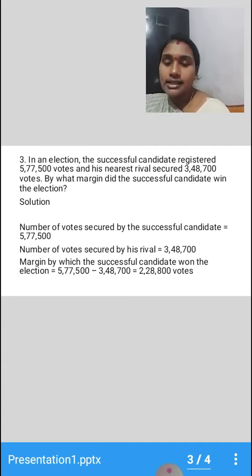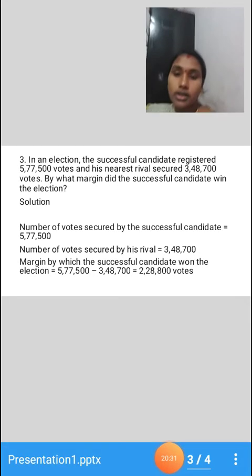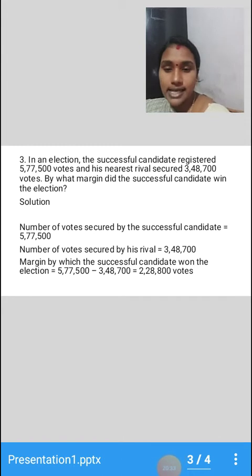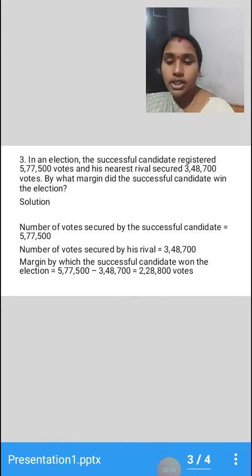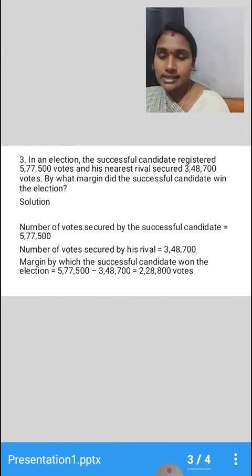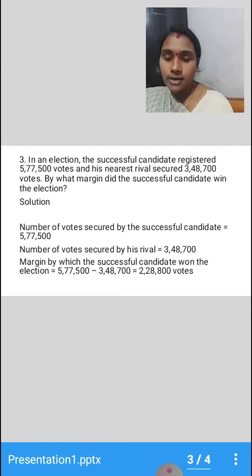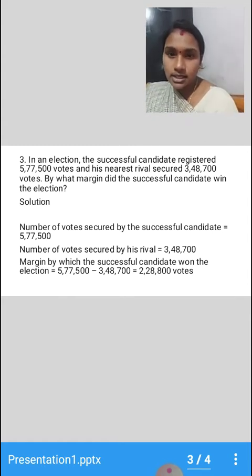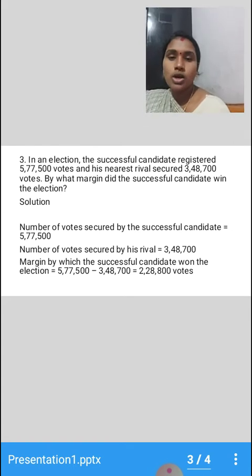And the second is 3,48,700. So, when you subtract 3,48,700 from 5,77,500, you will be getting 2,28,800 votes. Okay, children, is that clear? So let us move on to the fourth sum.